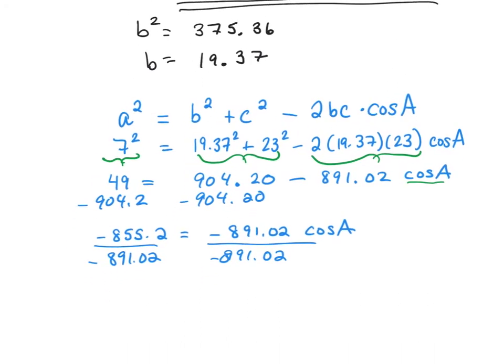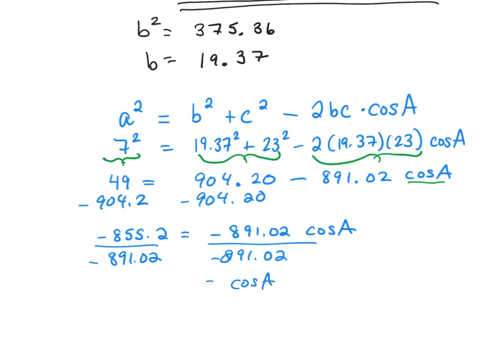So what I end up with is cosine A equals 855.2 divided by 891.02. And so now going back to basic geometry, when you want to find the angle, when you have the ratio, we'll use the inverse.